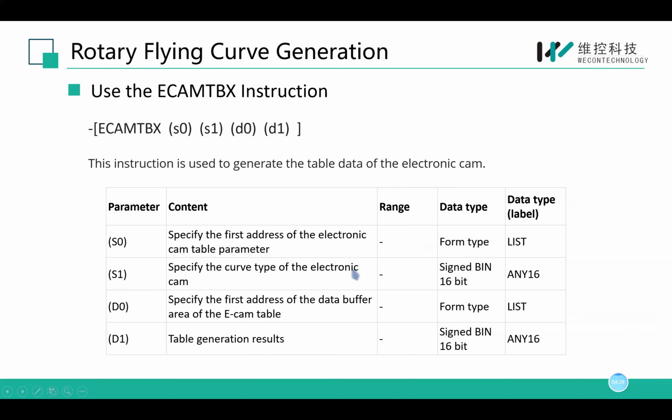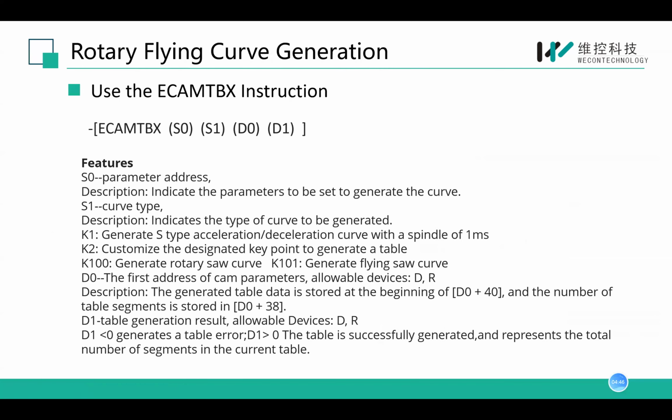The second parameter identifies the curve type. For the rotary curve we set the second parameter as 100, but now it's a flying cut curve, so we set this parameter as 101.